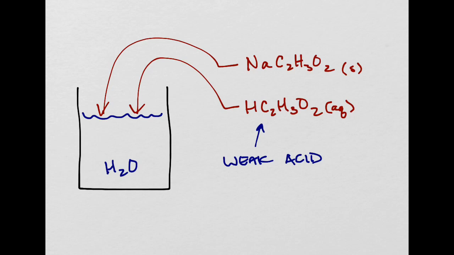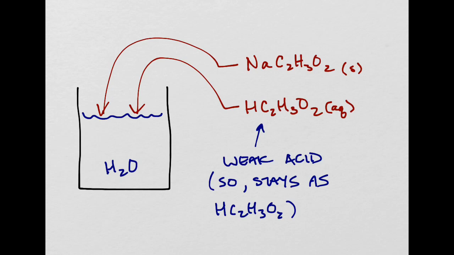So in parentheses here, write weak acid and then say so stays as HC2H3O2. This is very important because don't forget we're trying to limit the number of protons that end up going into a solution. We don't want to introduce a lot of protons because the whole point of a buffer is to absorb excess protons or hydronium ions.